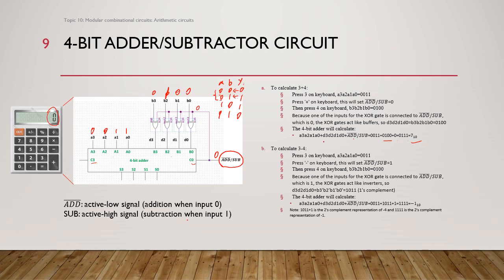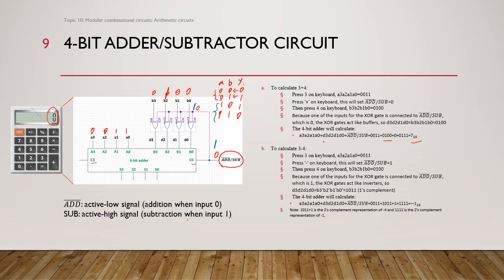Then we press the second operand 4 on the keyboard. Then it will generate the binary number for positive 4, 0, 1, 0, 0. Now, let me use blue. So blue gets 1 here. We still have these two numbers here, but now we got 1 at one end of the XOR gate.